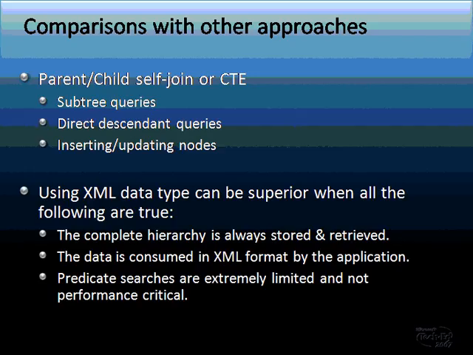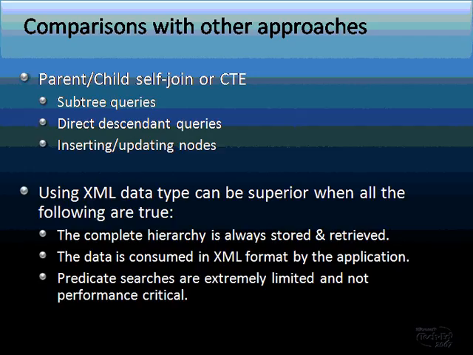And as I said, if you do direct descendant queries and use that breadth first index, that will speed up your performance. So in general, particularly when you do subtree queries and all the popular query operations, hierarchical ID not only gives you a better programming model that is easy to use and easy to develop, but also better than average performance, as you can see compared to the parent-child self-join semantics.